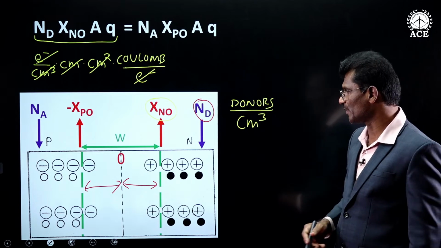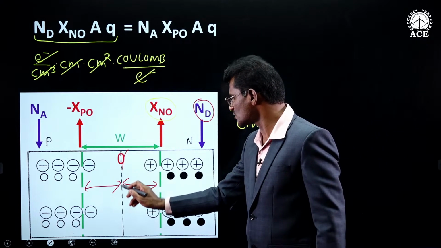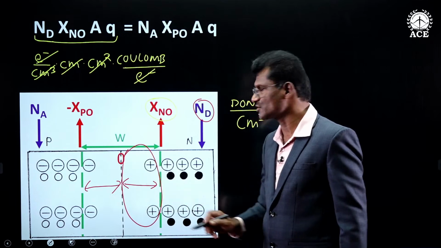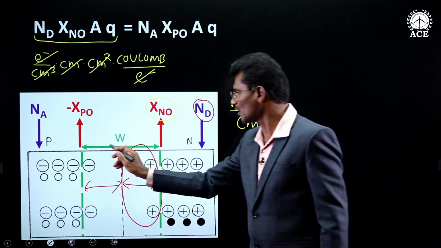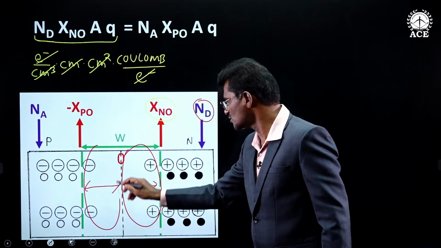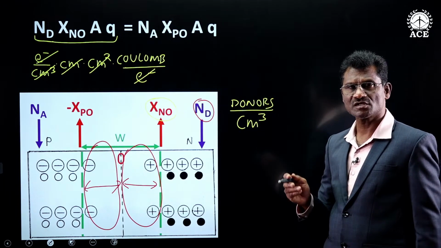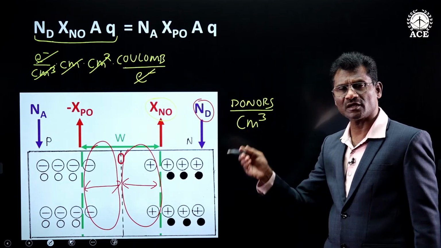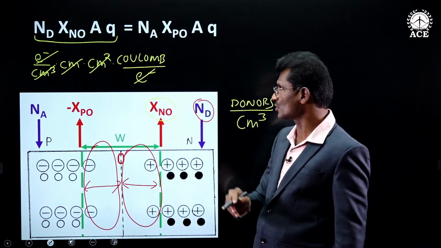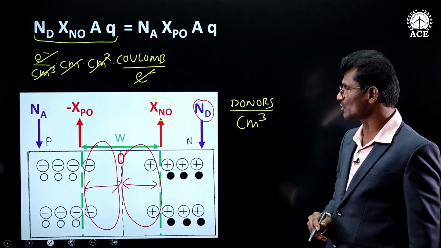Just now I gave a statement that total negative charges lost in the depletion region of N side should be equal to total positive charges lost in the depletion region of P side, since it is electron hole pair recombination, and hence these two terms are equated.